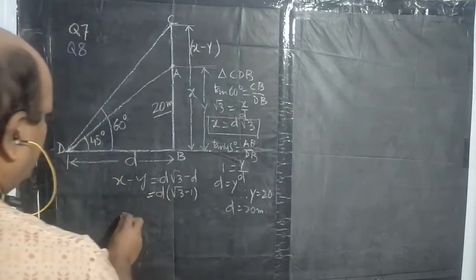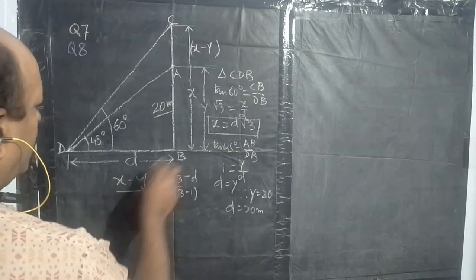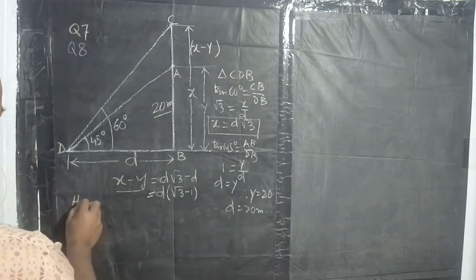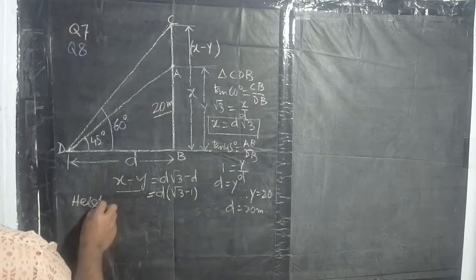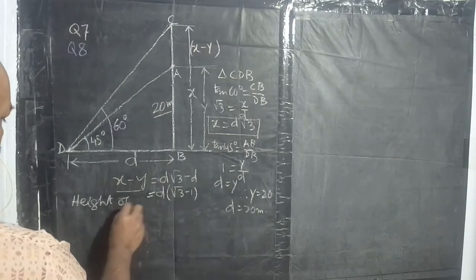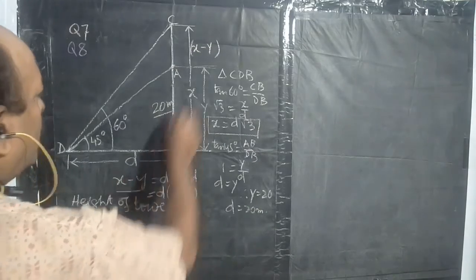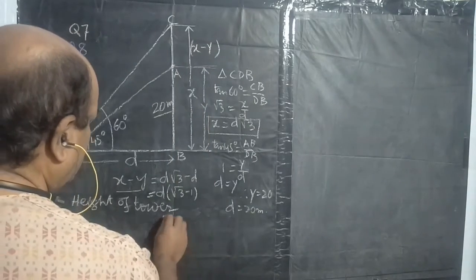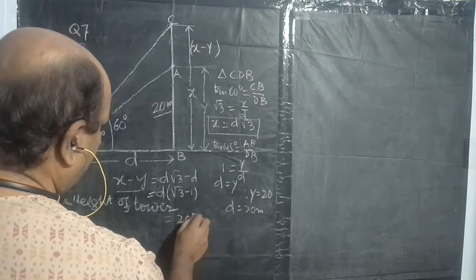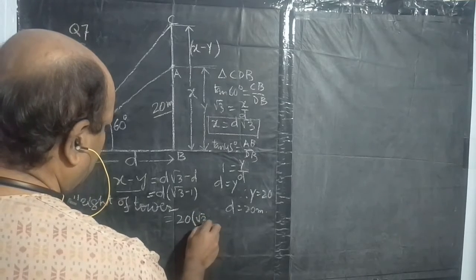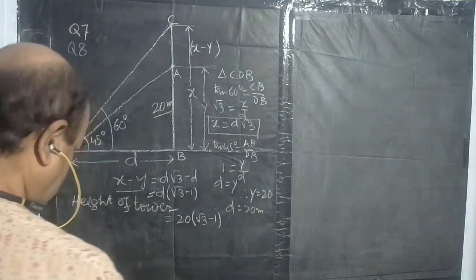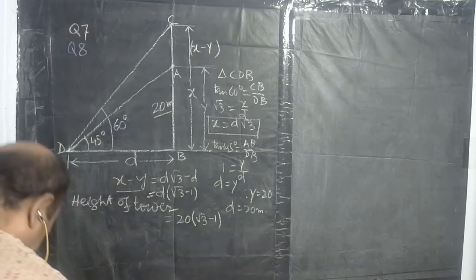So finally, X minus Y, that is the height of the tower, is D multiplied by root 3 minus 1. This is the height of the tower.